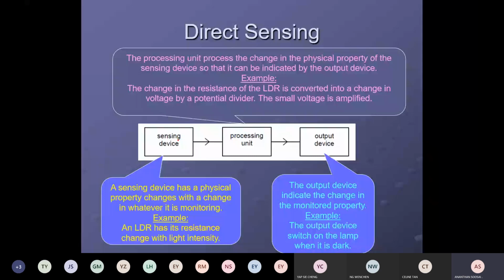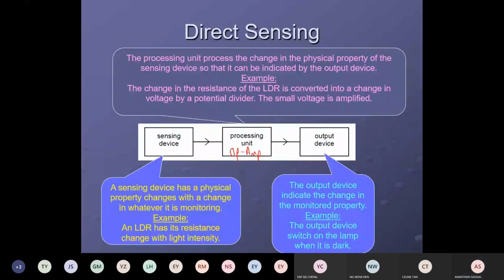Then the output of the sensing device will be sent to a processing unit. The processing unit is the brain of the electronic circuit. Normally, the processing unit is the op-amp, operational amplifier. It's the brain, which last time was the transistor. Now the bigger version is the operational amplifier. Then the processing unit will decide to switch the output device on or off.